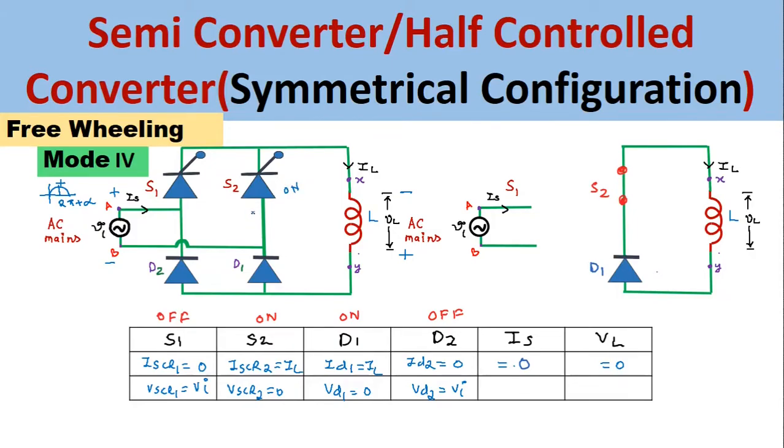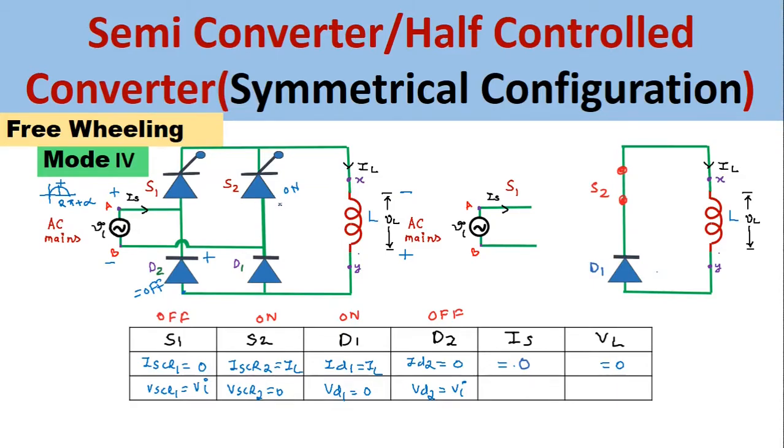Now this diode D2 will go into the off condition because this positive will come to the N side of this diode. So this point will be more positive with respect to this P point, therefore D2 will go into the off condition. This SCR2 is already conducting due to the stored energy, or the self-induced EMF across the load inductance.